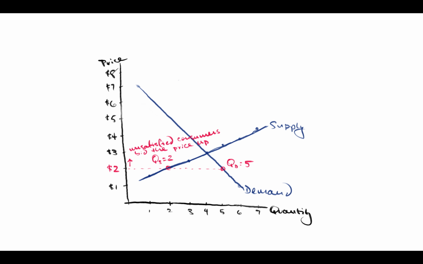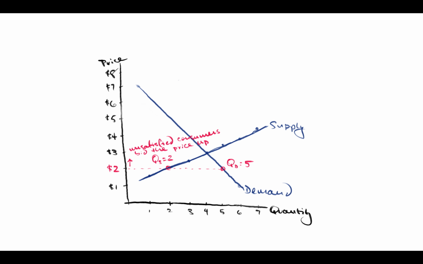Someone who doesn't get a slice of pizza might offer me a little bit higher price in order to get one of those rare slices of pizza. And so they'd start bidding the price up. Okay? So if there is a shortage of a good, it creates incentive for the price to go up.